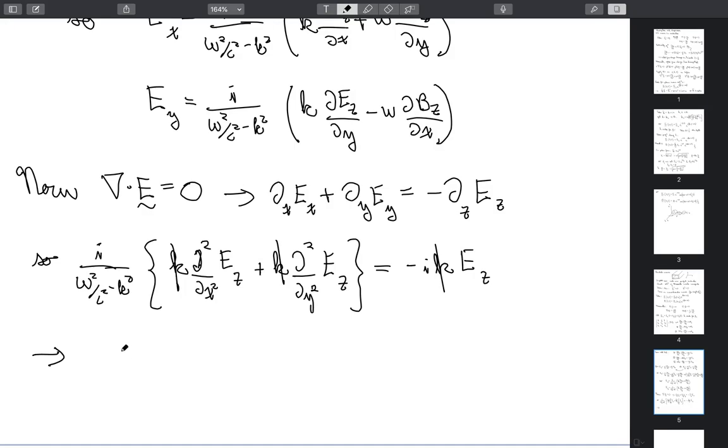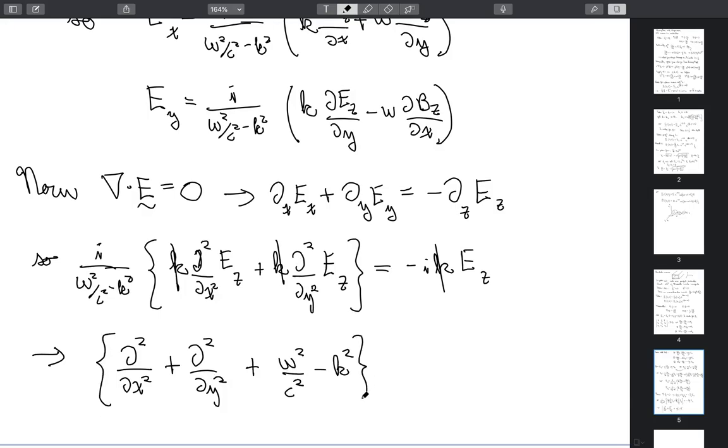So what I get is that the second derivative with respect to x plus the second derivative with respect to y, and then having remultiplied the factor and brought it back here, plus omega squared over c squared minus k squared, all of this applied onto the z component of the field, which is a function of x and y, must vanish.